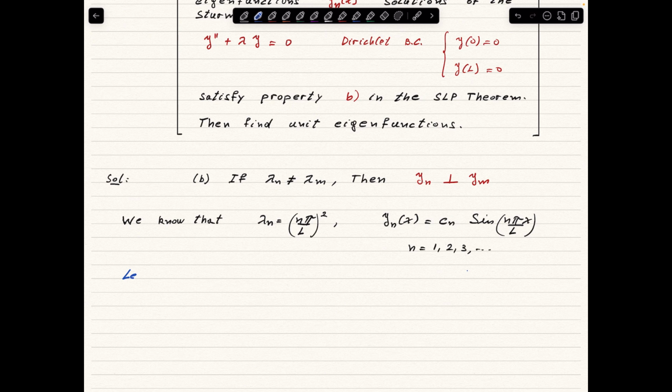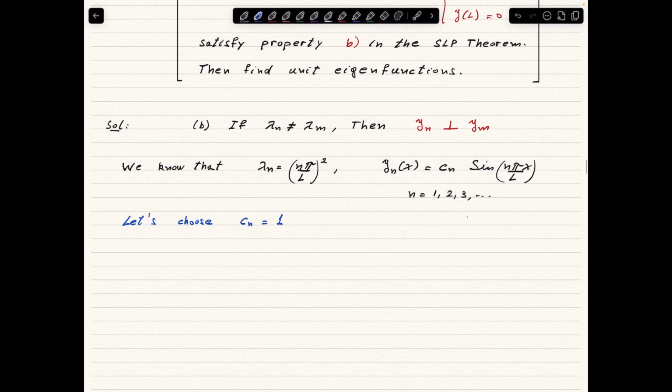So let's choose the constant Cn equal 1, just to simplify the calculation, so we don't carry all these constants. Then the eigenfunctions look a little bit nicer. Then yn of x are simply sine functions, sine of n pi x over L. So you see for larger values of n, we have higher and higher frequency in the sine function.